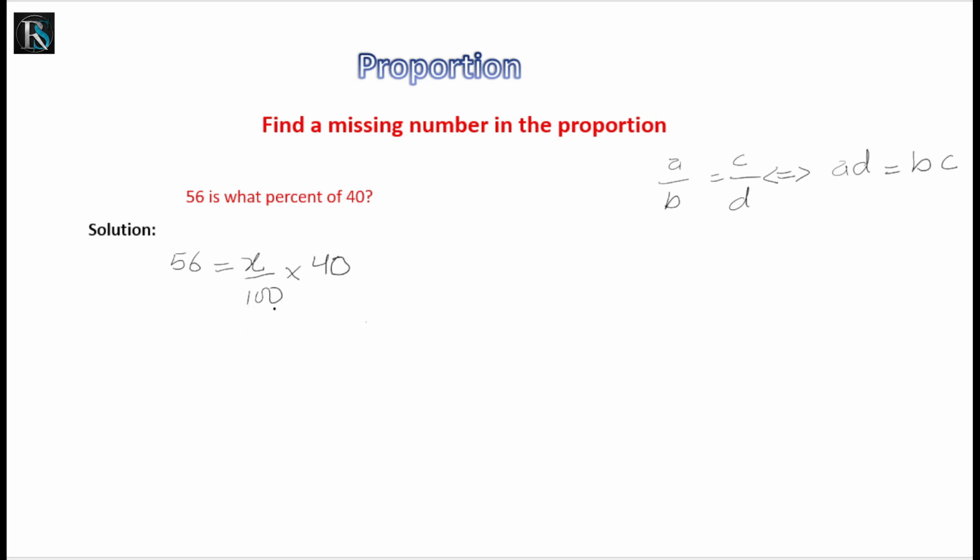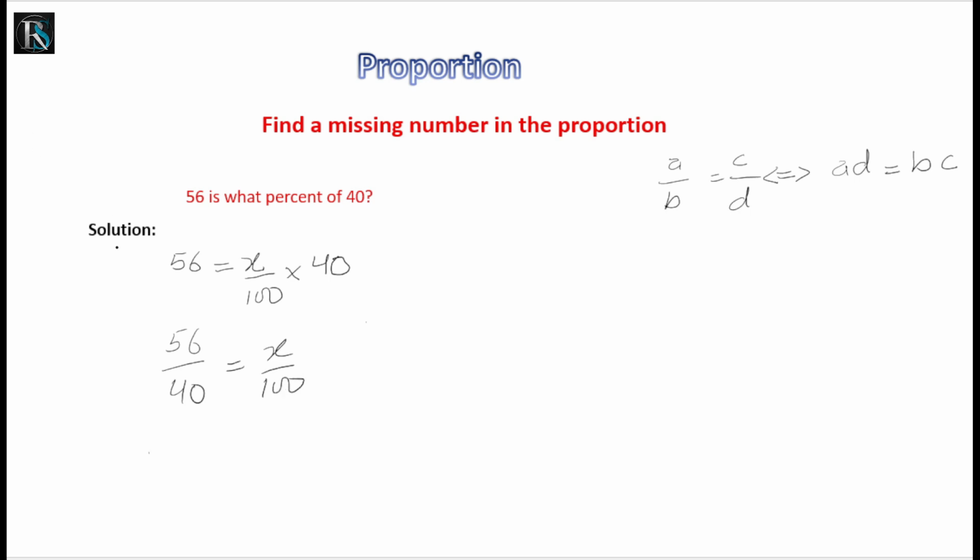Now in order to make this form, we'll just divide this 40 to this side because here it is in multiplication. 56 upon 40 is equal to x upon 100.